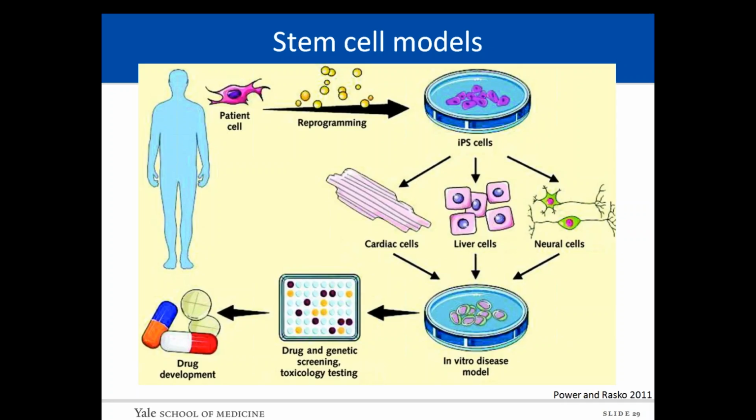But this technique that actually won the Nobel Prize in 2008 has really helped our field because we can take patient cells, so these can be hair cells, they can be blood cells or skin cells, and they can be reprogrammed by adding transcription factors into an immature form, induced pluripotent or iPSC cells.